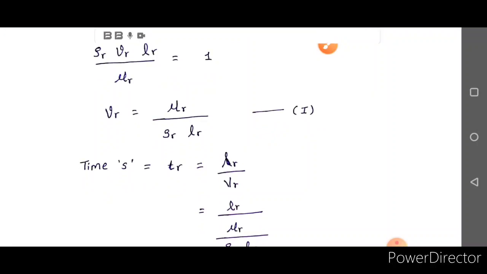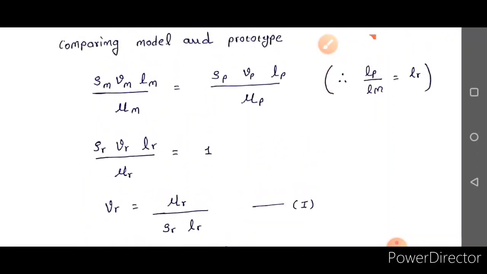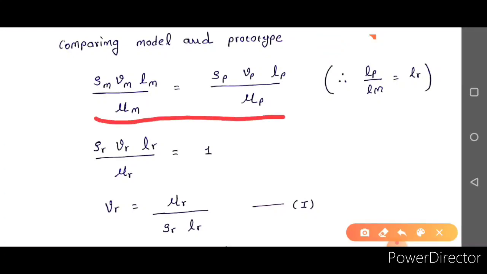Rho v L divided by mu. Now from this equation I can say that if I divide all the prototype terms by all the model terms, I am able to generate this equation: rho r v r L r divided by mu r is equal to 1, where rho r is the ratio of density, rho of prototype divided by rho of model, v r means the ratio of velocity of prototype divided by velocity of model, and in the same manner L r and mu r.